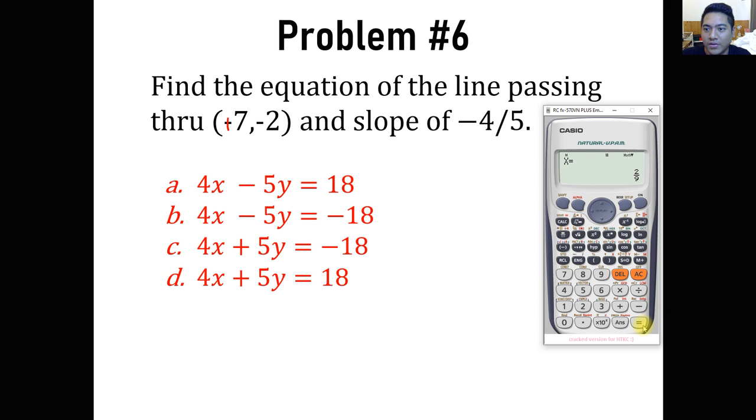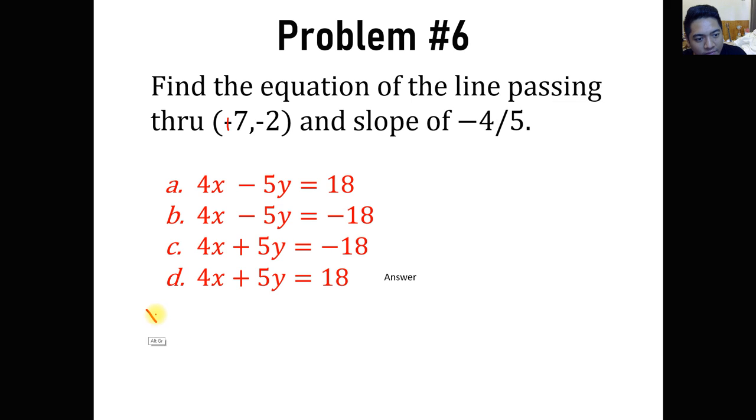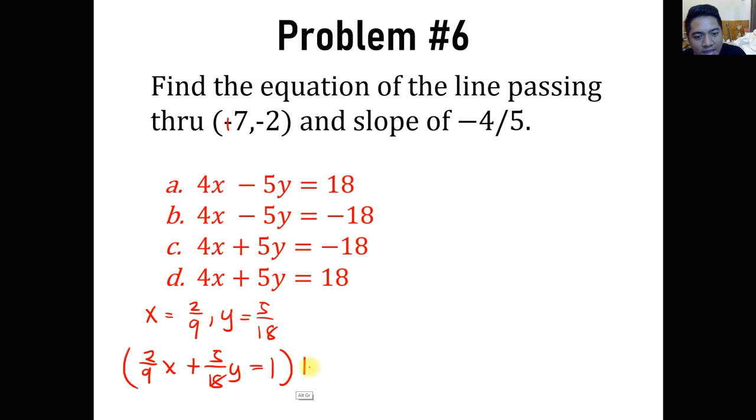So getting the answer, you have x equals 2 all over 9 and y equals 5 all over 18. So you have 2/9 of x plus 5/18 of y equals 1. Multiplying both sides by 18, you now have 4x, because 18 divided by 9 is 2, and 2 times 2 would be 4x.